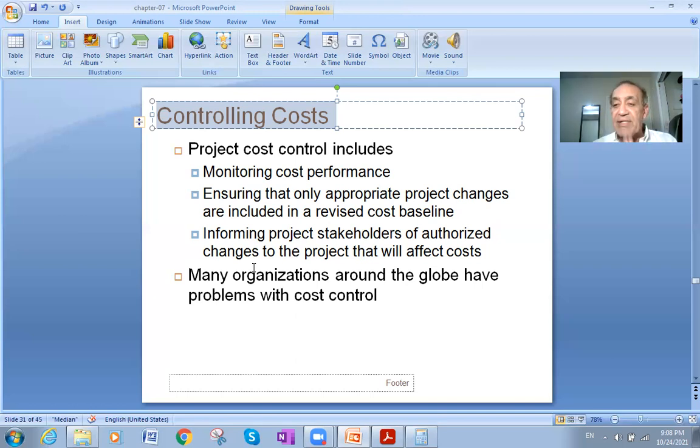So the standard is $10. The standard cost is $10. It should not exceed $10. This is the planned or the standard, $10. But what happened, the actual cost came to be $13. 10 planned, 13 actual.